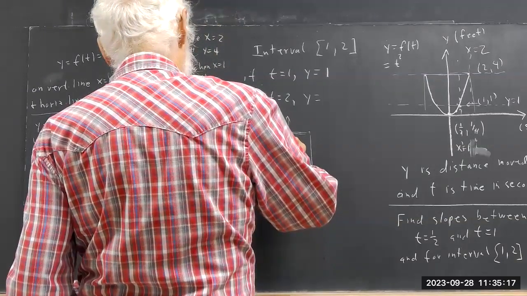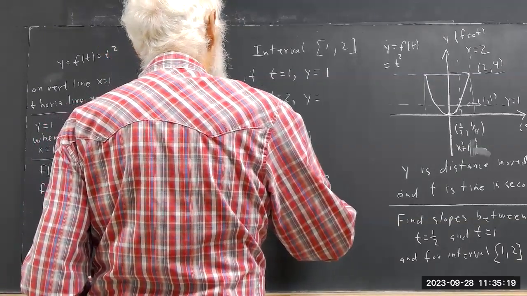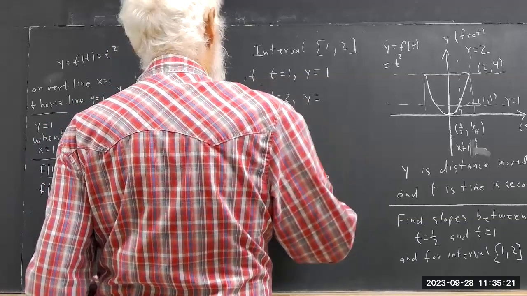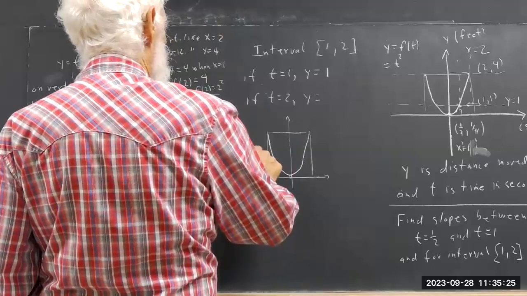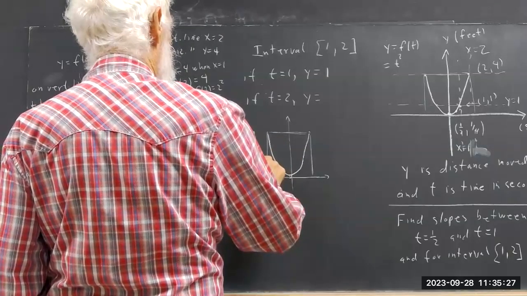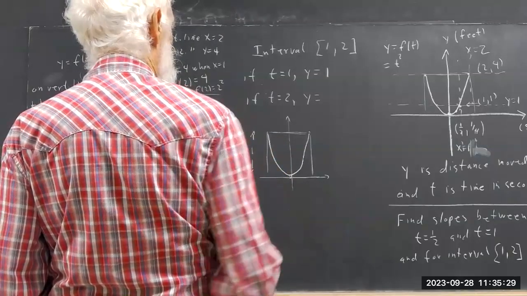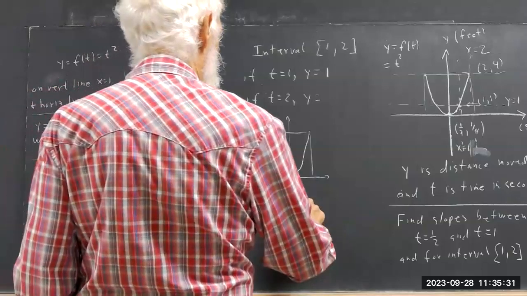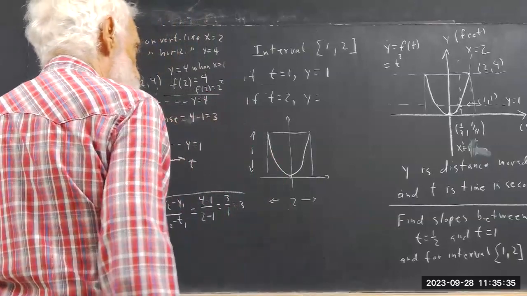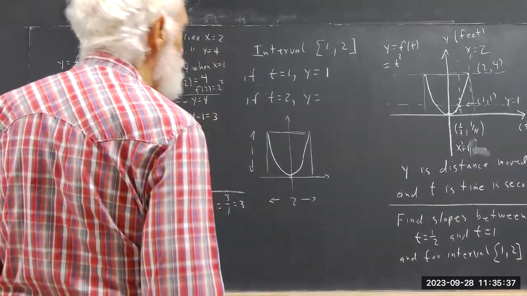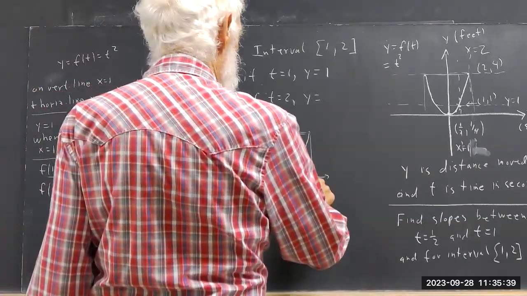Okay, if I draw a picture of my squaring function here, but now this square is 1 unit this way and 2 units this way.